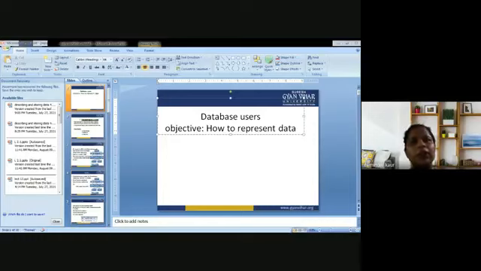Car is a general term. We are supposed to talk about specific terms, like it could be composed of various elements, such as the color of the car, the size of the car, and who is the owner of the car. These are certain types of attributes that define the car entity in a more precise way.